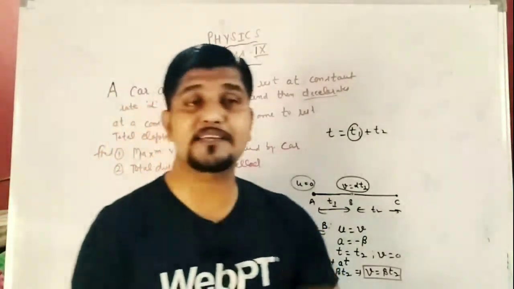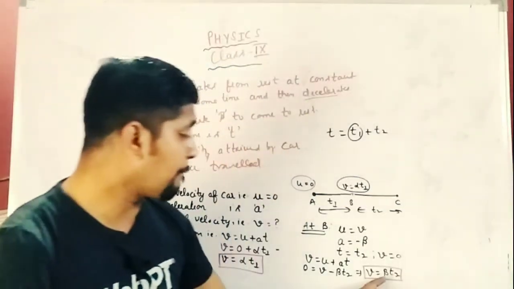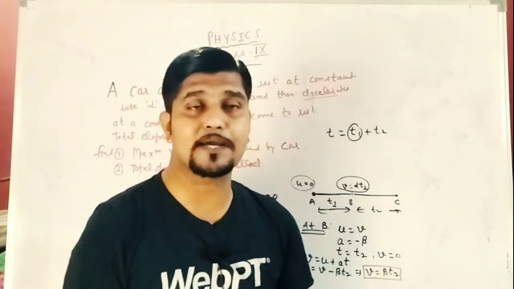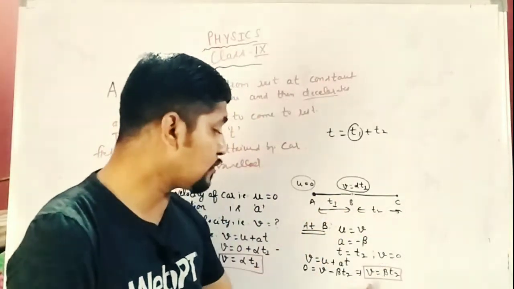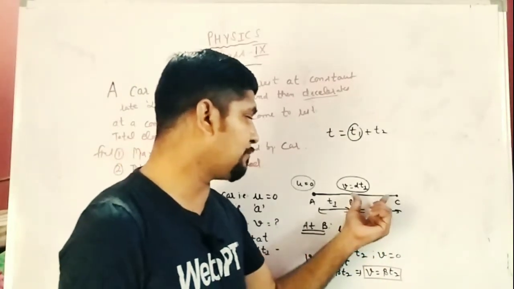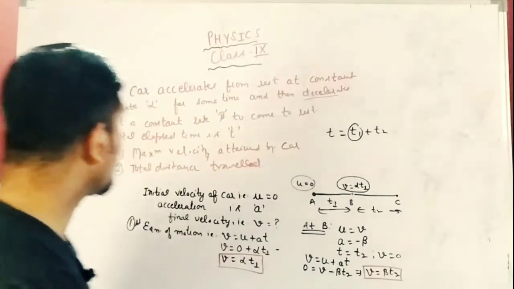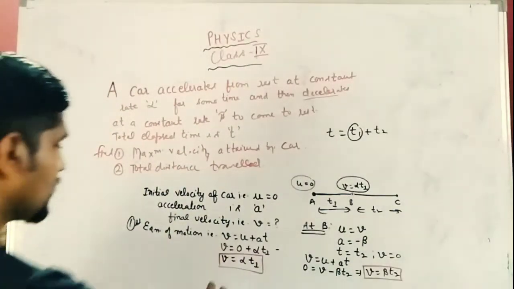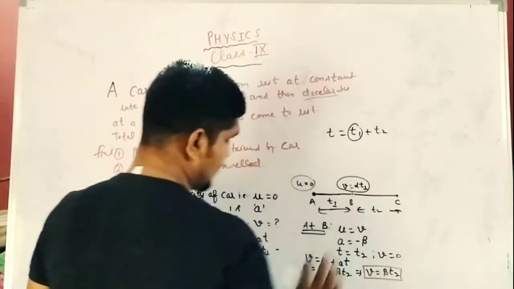When the car is decelerating at a constant rate beta, the final velocity will be beta t2. So t1 is the time taken for the portion from A to B while accelerating, and t2 is the time taken for the portion B to C while decelerating. Now we have found the final velocity at B as well as C.